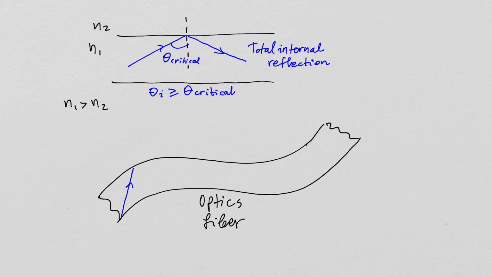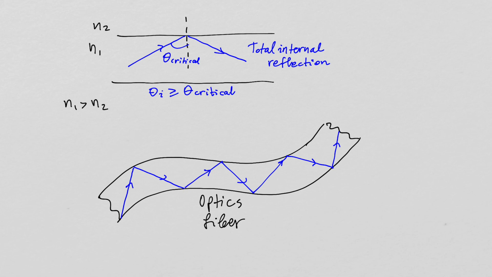So when a light ray hits the boundary between the fiber and air, it's going to reflect, and then it's going to reflect again, and again, and so on and so forth.